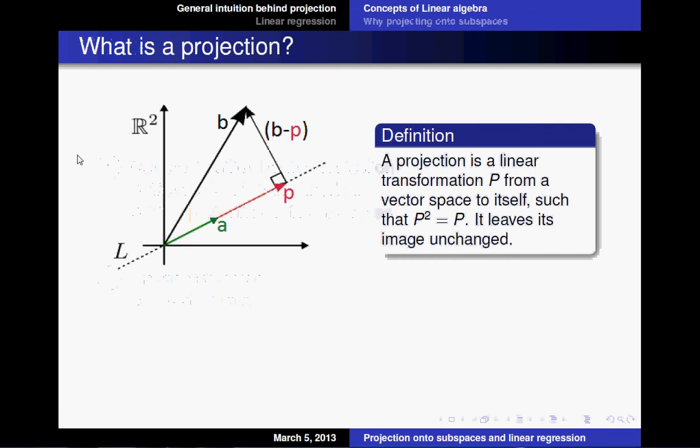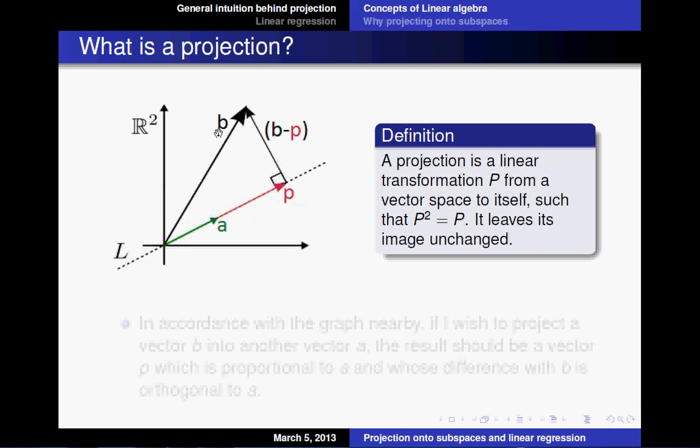What is a projection? It is a linear transformation which allows us to convert a vector B into another vector P, which lies on a line or on a linear space.